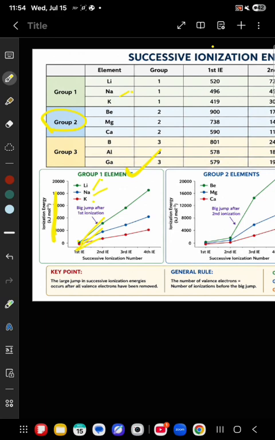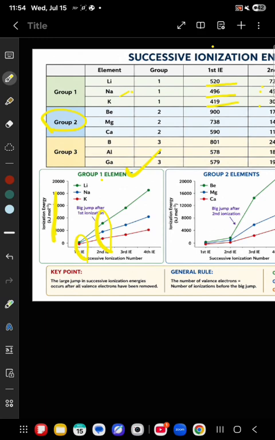If you compare their first ionization energies, they are very close together: lithium 520, sodium 496, potassium 419. But their second ionization energies are 7,000, 4,000, 3,000.